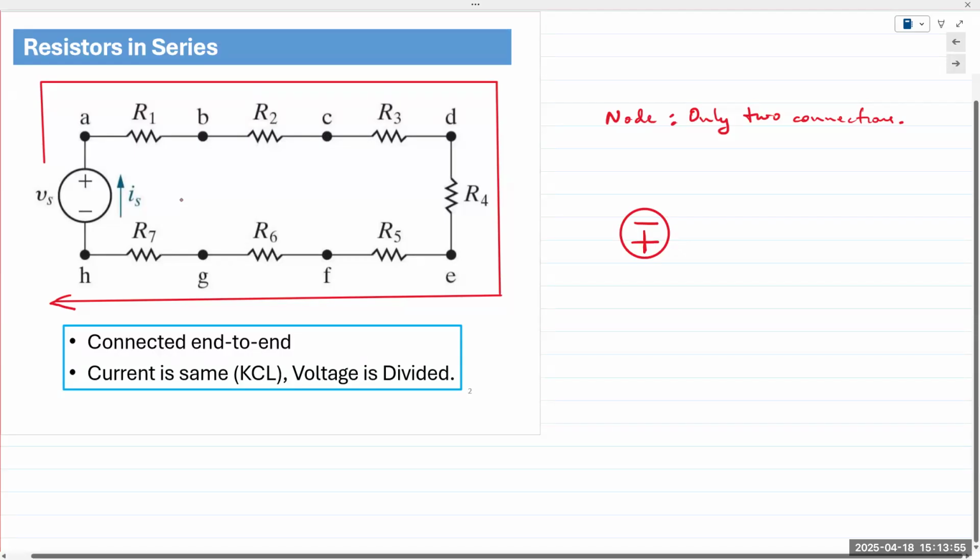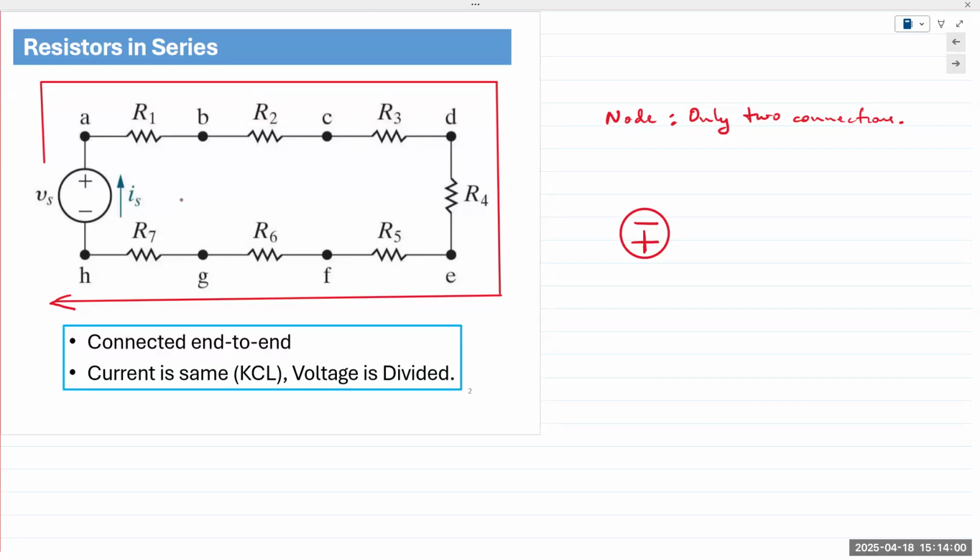Low to high. Current in general always goes from high to low, except when it's a source. A source is the one that's supplying energy, so it'll always flow in this direction, minus to plus. If it's a current source, the exact same thing. If you have a current source, it's going from minus to plus. Okay, that's how the polarity should be.